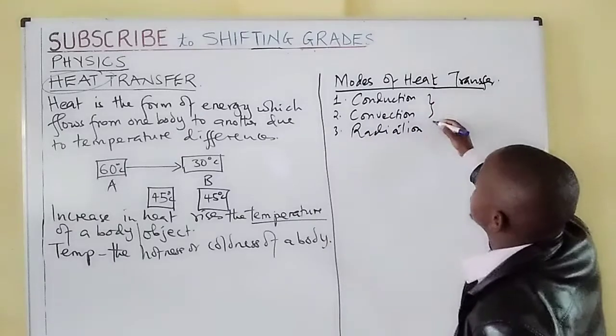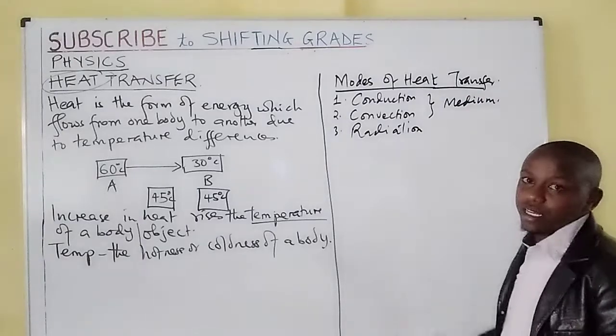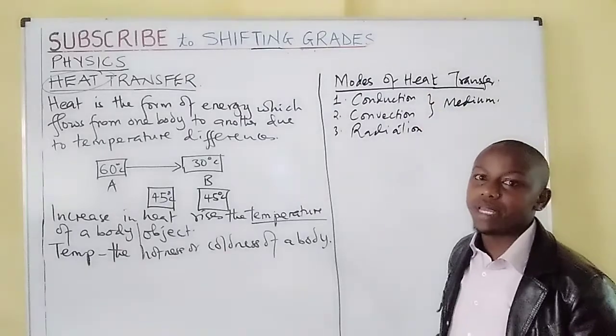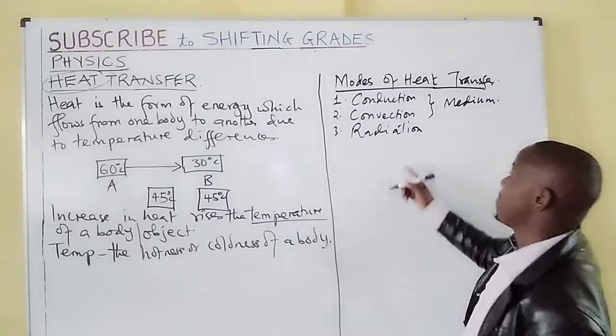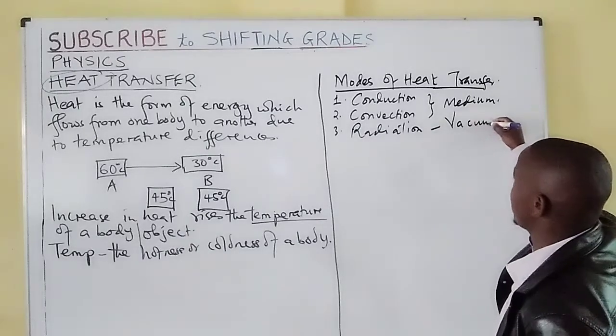The first 2 require a medium to take place. Heat transfer by conduction and convection is where a medium is involved, but radiation can take place through a vacuum.